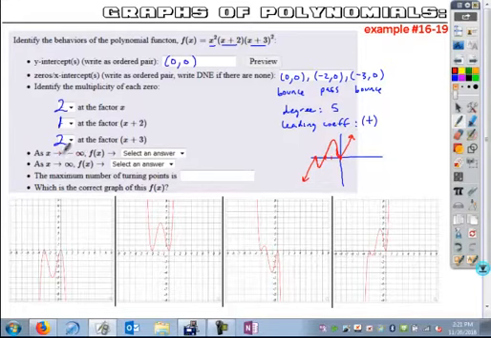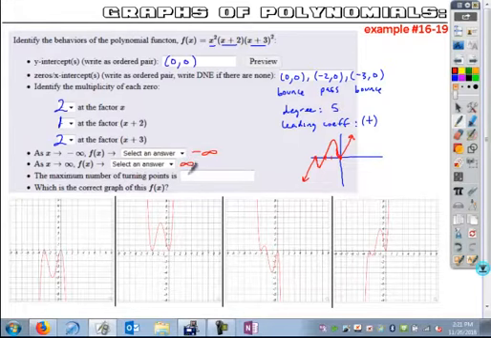And so let's take a look at how our end behavior plays out. As x gets closer and closer to negative infinity, so as we move to the left on our graph, what are we expecting to happen? It goes down. And as x approaches infinity, so as we move to the right, what's going to happen to our graph? It goes up, so it's going to go up to infinity. And then what's the maximum number of turning points going to be?